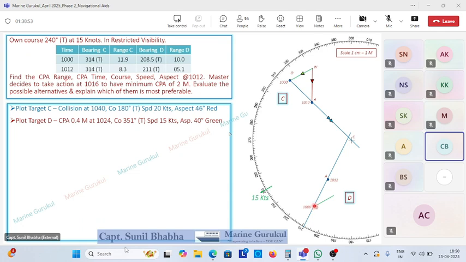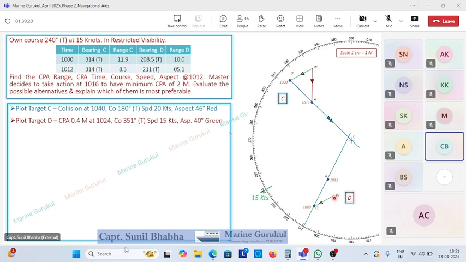Now from point Oscar, we mark our own ship's course and distance in the reciprocal direction, in the reverse direction. You can see the green color vector coming up. The free end of the vector is named as W, Whiskey. Whiskey to Oscar represents own ship's course and distance covered in the plotting interval of 12 minutes.